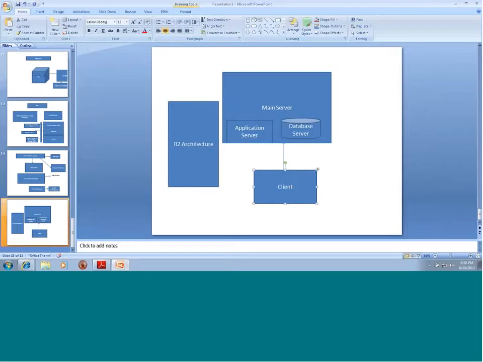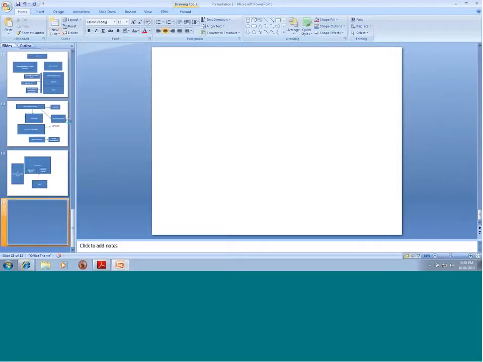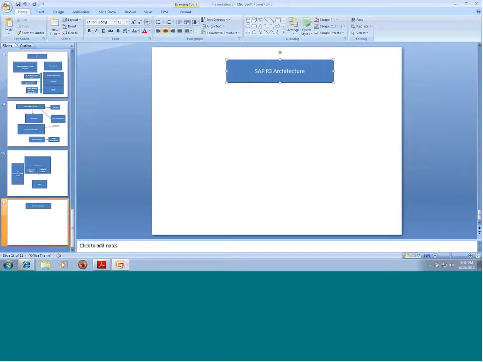And in R2 architecture, there were several versions. We had 4.0B, 4.5B. So these are all the different versions that we had in R2 architecture. And then in the mid 1990s, SAP moved into a new architecture called SAP R3, and that was for a very long time the most popular architecture that SAP had.